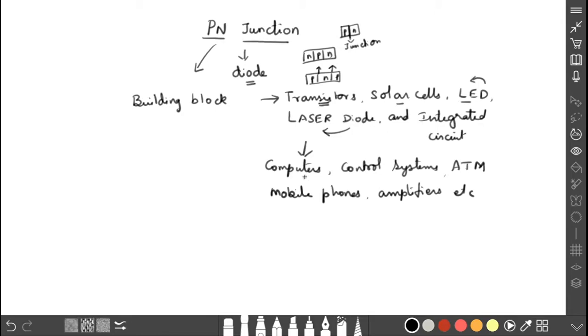And various applications of diodes include power supplies, TV, radios, and so on.